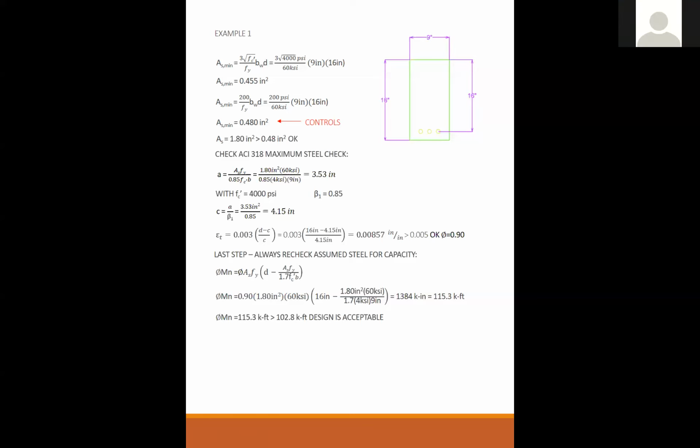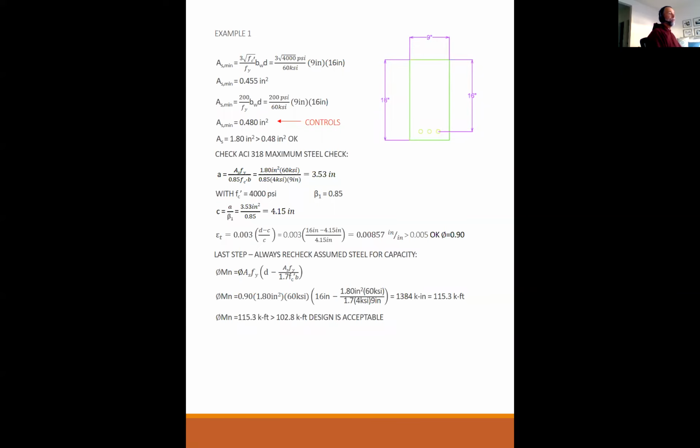Yes, can you go over one more time the check for the epsilon sub t? Why is it that that's an acceptable value? Right here? Yes. Okay, because it's an inverse relationship to the area of steel. Now remember from the last lecture, we talked about over-reinforced.